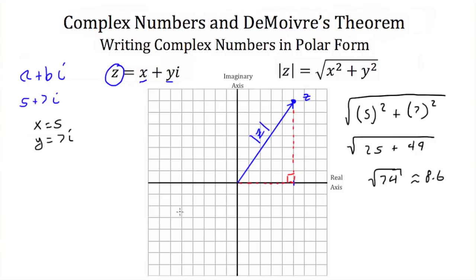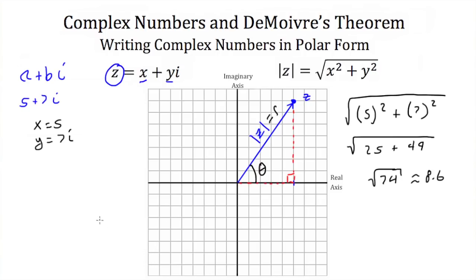Well, you may notice that finding the absolute value of our complex number is a lot like converting our complex number into a polar coordinate system. If I said this absolute value of z, that would also be distance r, and then all I would need is a theta value.